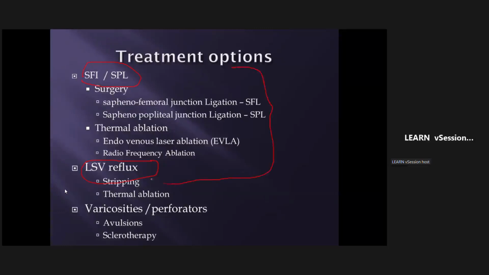When you use laser, of course, you don't talk about the SF junction, because if you ablate all the length of the saphenous vein, there's not going to be a SF junction. So the general principle is, if there's SF incompetence plus long saphenous vein reflux, you ablate the vein. Is that clear? So nowadays you talk about laser. Earlier, surgical ablation methods were there. Is that clear?